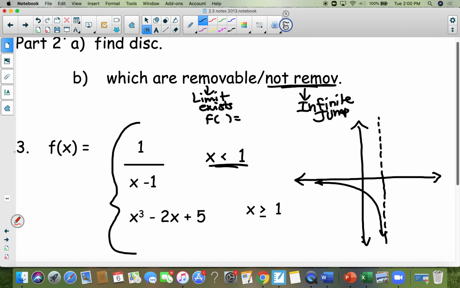Now I'm going to erase that one and plug in x raised to the third minus 2x plus 5. It looks like a snake, you guys.